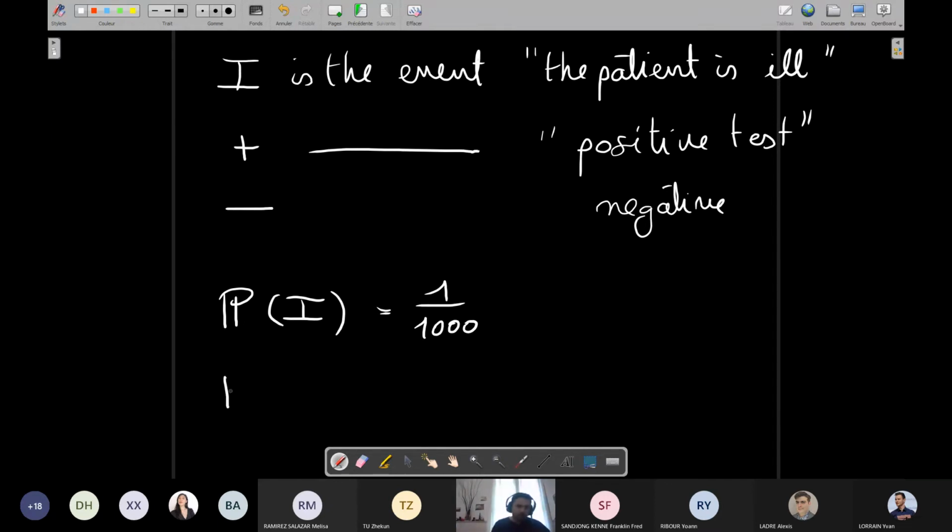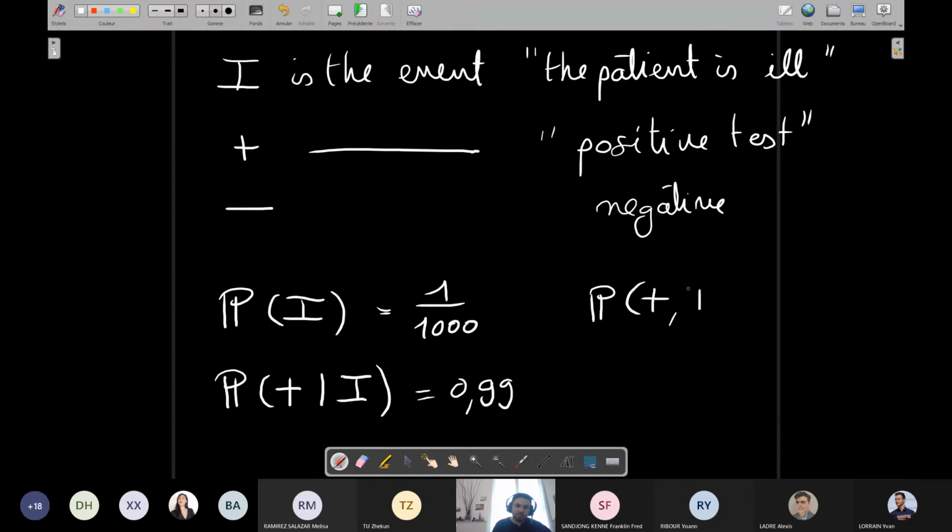We also know the conditional probabilities. We have the probability that the test is positive given the person is ill. This is 99%, so 0.99. And we have the probability that the test is positive even if the person is not ill.